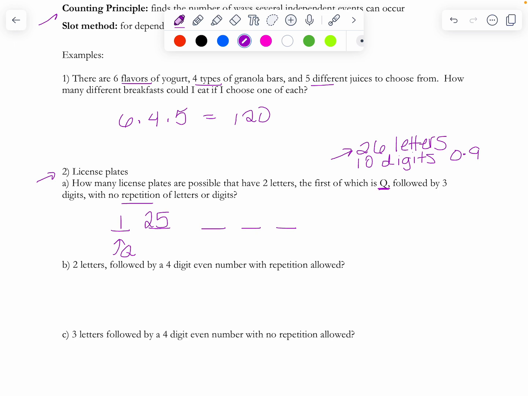Now for the first slot of digits, I have 10 choices. Let's say I used the number 1. Now I'm going to have 9 choices left, and then 8 choices left. For all of these, you always multiply. When you multiply in your scientific calculator, you get 18,000.